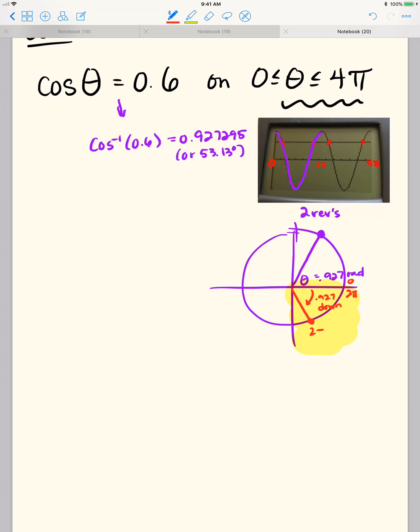So to get that, we'll just do 2 pi minus 0.927, all those decimals. It's better to keep them all when you're finding other answers. So this gives me 5.362455807, but rounded 5.362. So there's 2 angles.